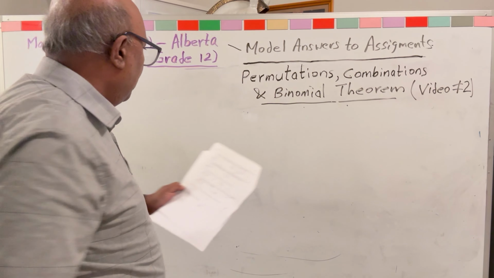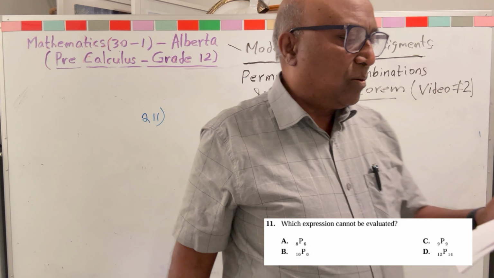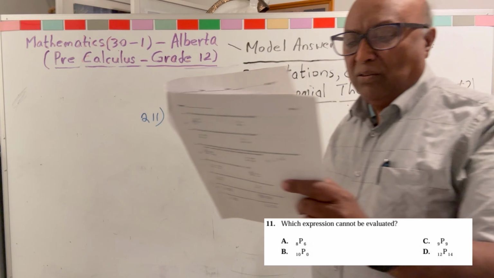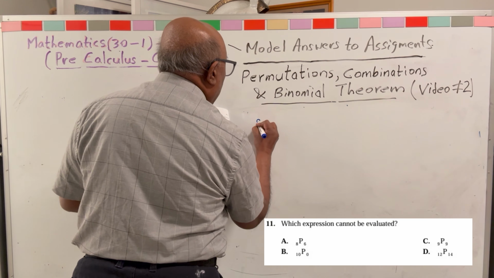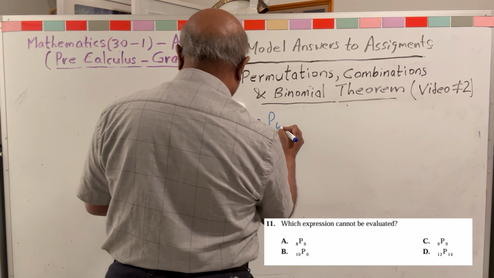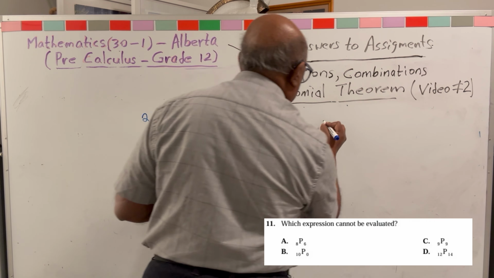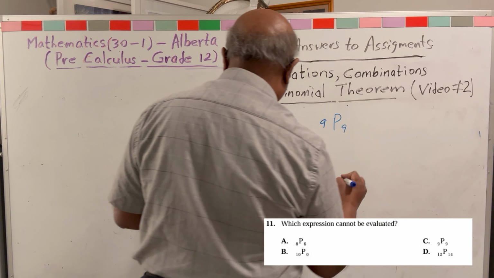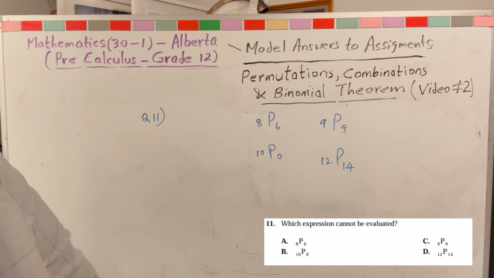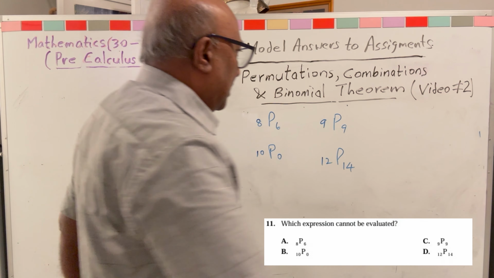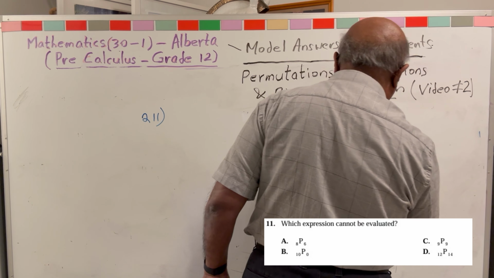Question number 11. Question number 11 says, which expression cannot be evaluated? Actually, I have to write this in order to show it. All of these are nPr.